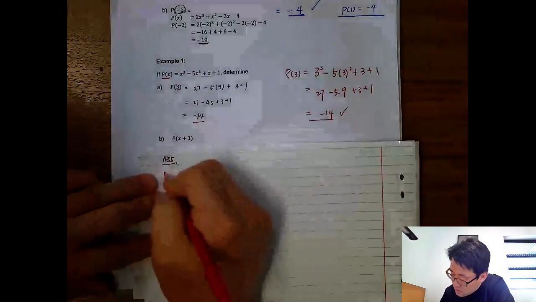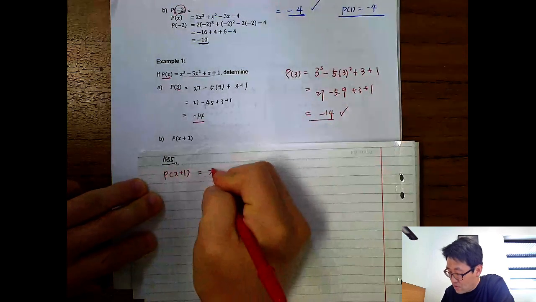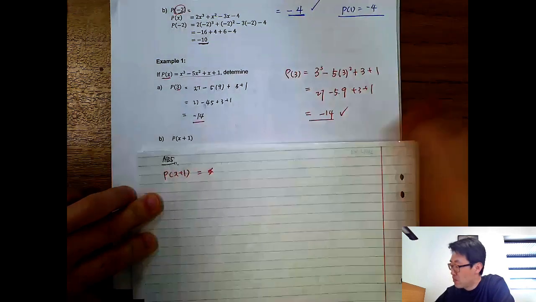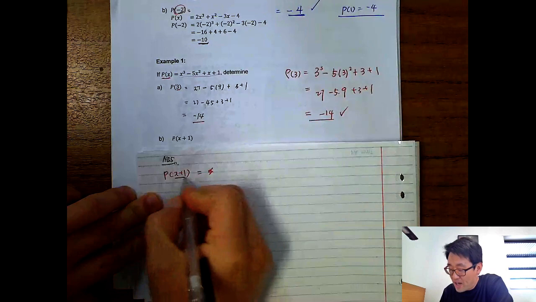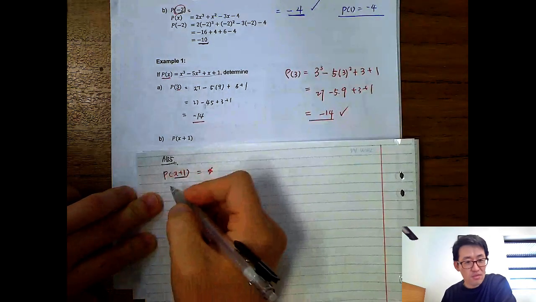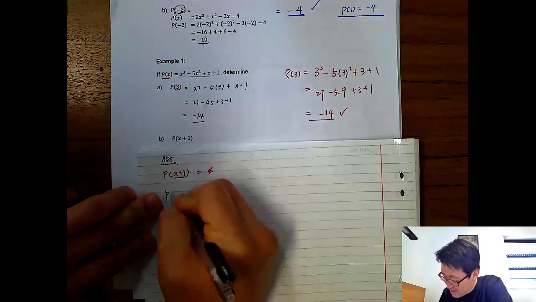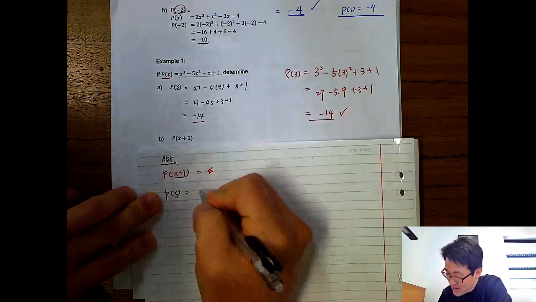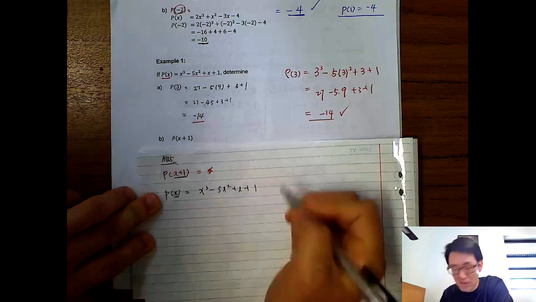Next one. P(x+1). Alright, so now we have x plus 1 instead of x. Look at this. P(x), when the input is x, we have x cubed minus 5x squared plus x plus 1, isn't it?